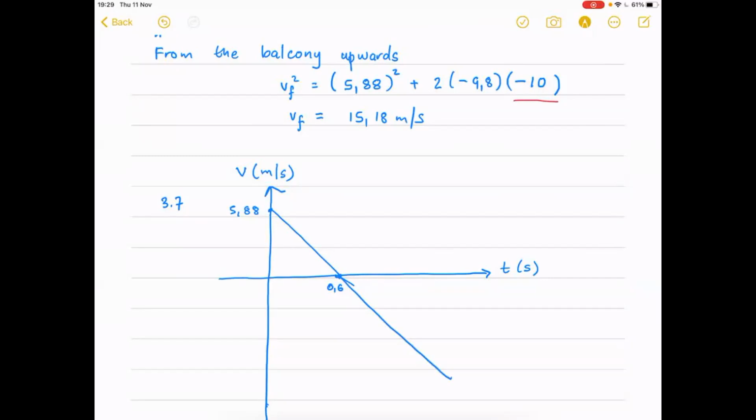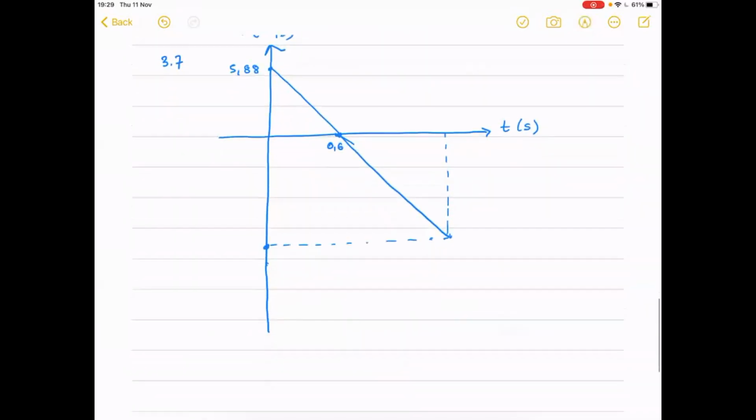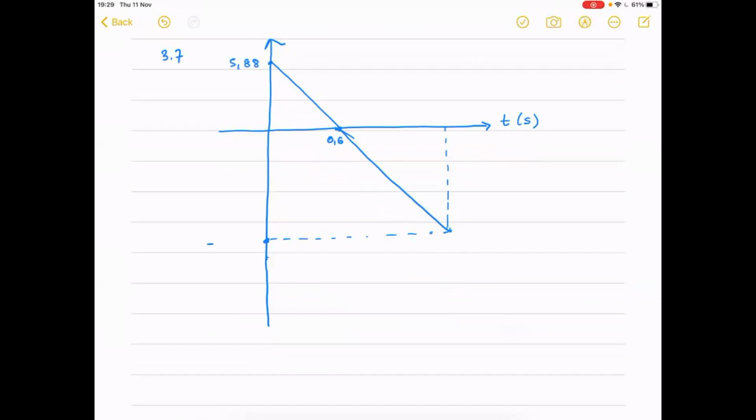It must be a straight line, and the bottom part of the graph must be longer than the top part. And then if we bring the line across here, what value goes here on this y-axis? It's the minus 15.18.